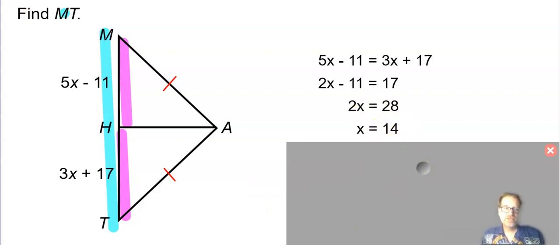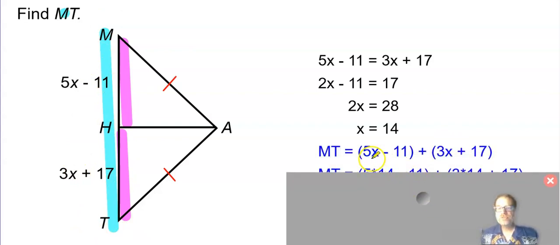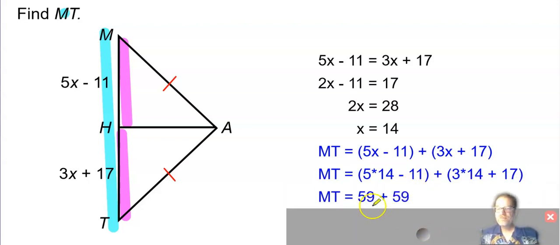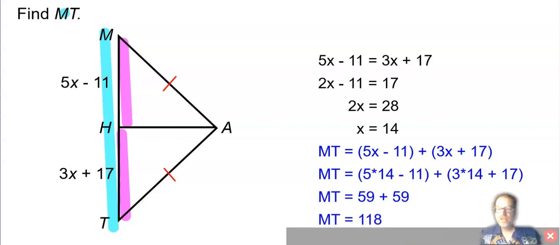Now I don't want x, I want MT, so I need to plug it in. Well, I don't know either of those sides. So what I'm going to do is say MT is MH, 5x minus 11, plus 3x plus 17. So I'm going to do 5 times 14 minus 11, plus 3 times 14 plus 17. 59 plus 59, they're the same, so that's good. And then 59 plus 59 is 118. Done.